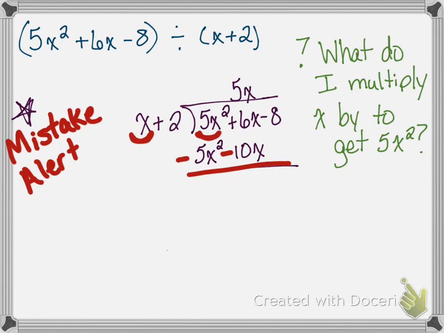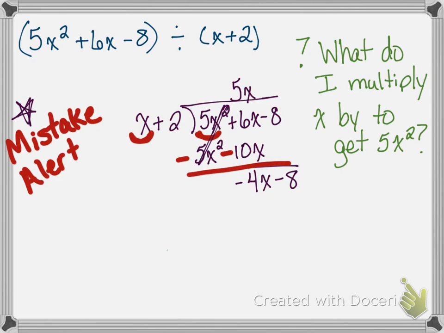So 5x squared minus 5x squared gives us 0. Those cancel out. That's what you want to happen. 6x minus 10x is negative 4x minus 8. Now we're going to ask ourselves again a question.